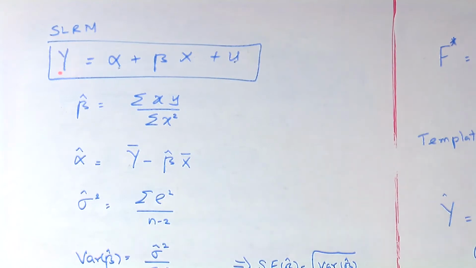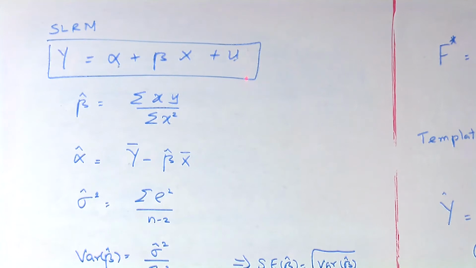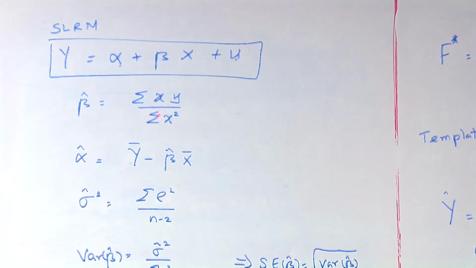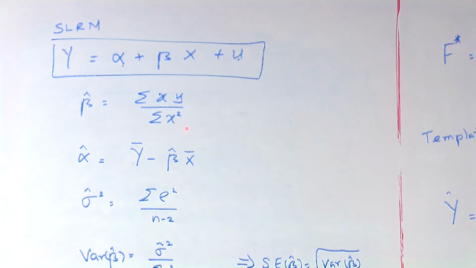For a simple linear regression model, y equal to alpha plus beta x plus u, we defined the estimators of alpha, beta and the related measures. Beta hat is equal to sigma small xy divided by sigma small x square.